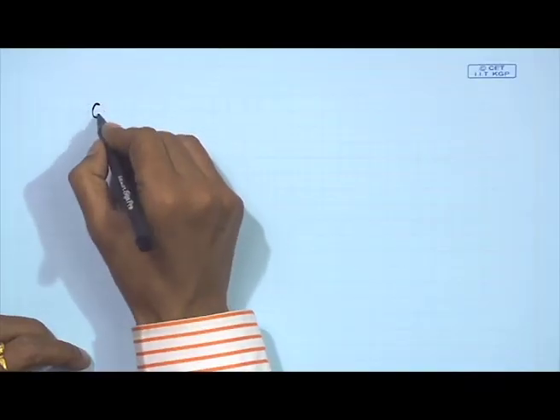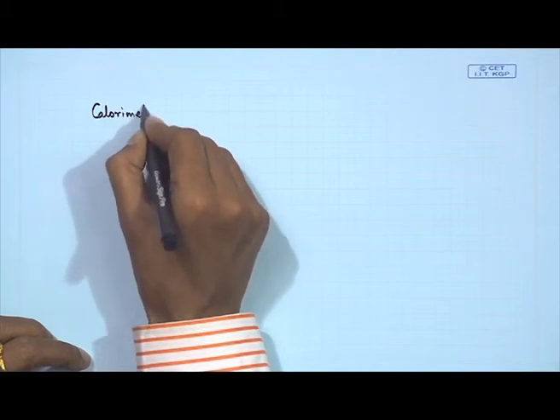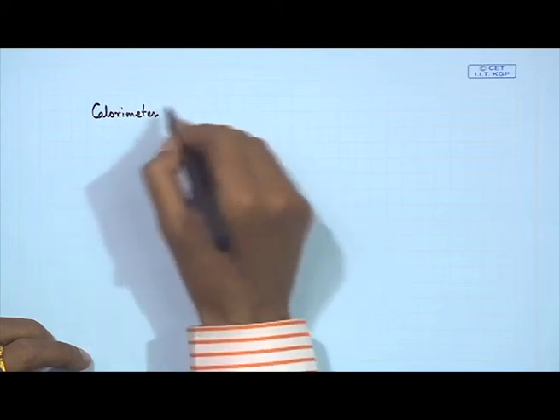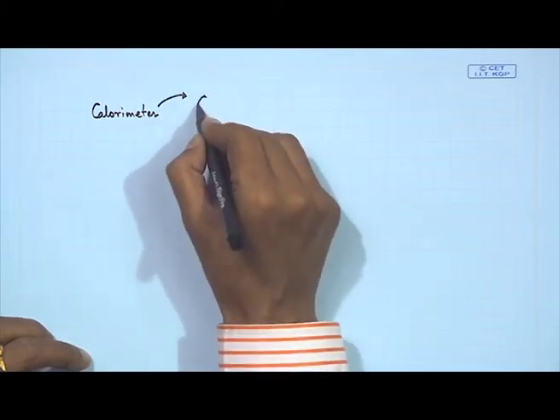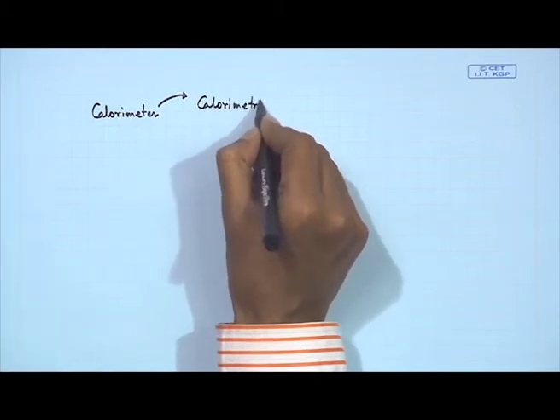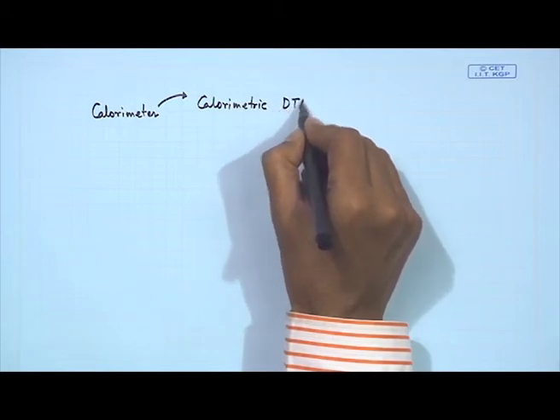So, after this DTA, what we can do? We can do something whose name is also related to DTA, but we bring something. We know that the thermal effect we can monitor by a calorimeter. So, when we bring the calorimeter into the picture of the DTA, we consider it as calorimetric DTA.